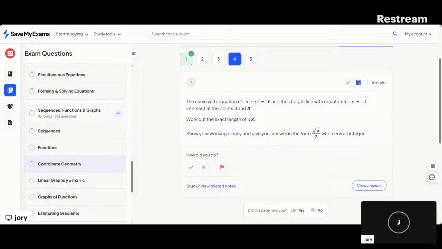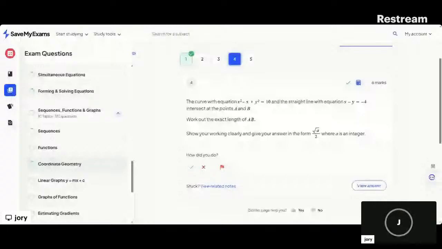Y equals x plus 4. So if you substitute y, negative 4, x equals x squared plus 8x plus 16 minus 10. So 0 equals 2x squared plus 7x plus 6. Factor that.